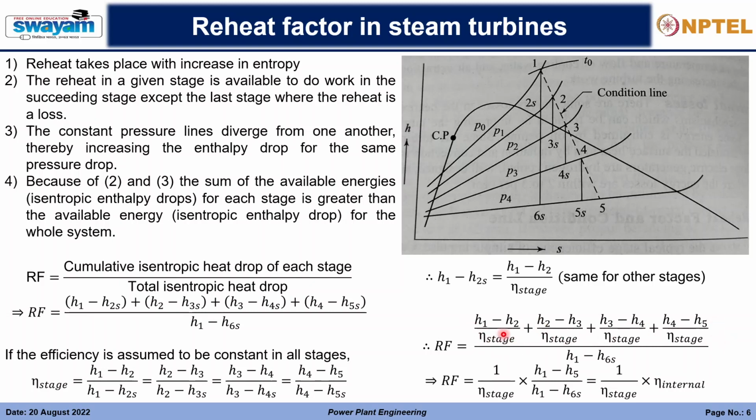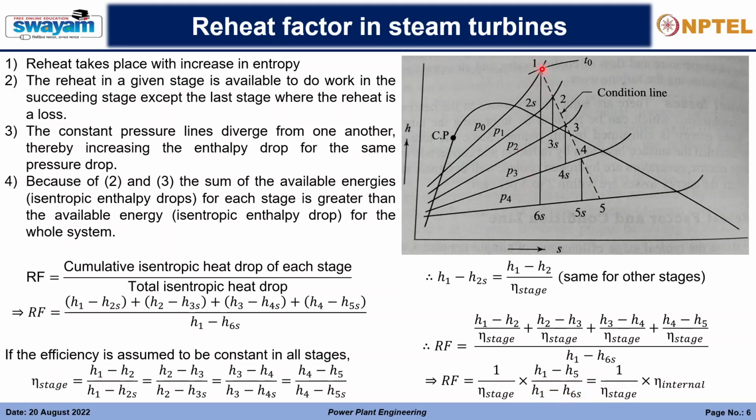Accordingly, if we take 1 by eta stage common and add all this up, h2 cancels, h3 cancels, h4 cancels, and we are left with h1 minus h5. So 1 by eta stage into h1 minus h5 divided by h1 minus h6s.